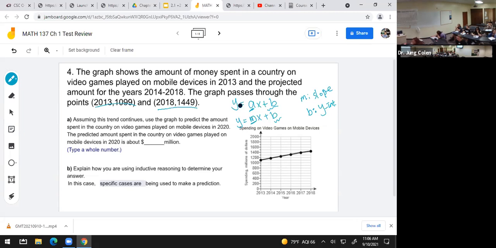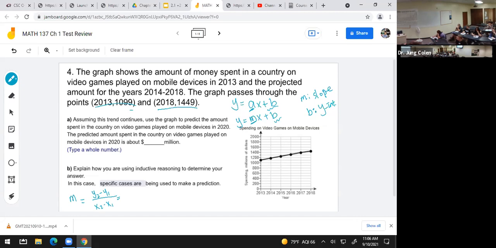But even if you don't, I think we can find it too. So does anybody remember how to find the slope? We are given two points. y2 minus y1 over x2. There we go. So we are doing y2 minus y1 over x2 minus x1. What does that mean? That means you're going to find the change of y over the change of x.